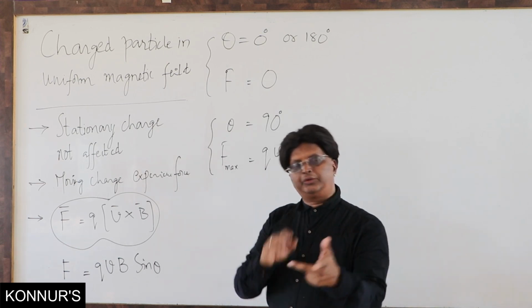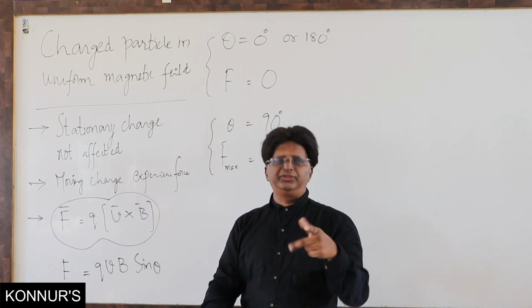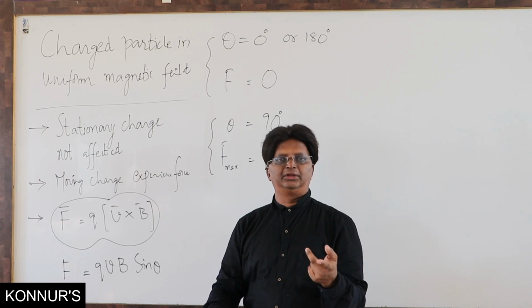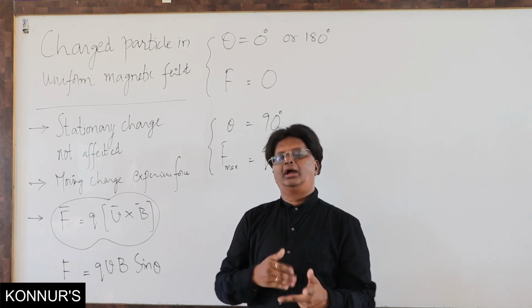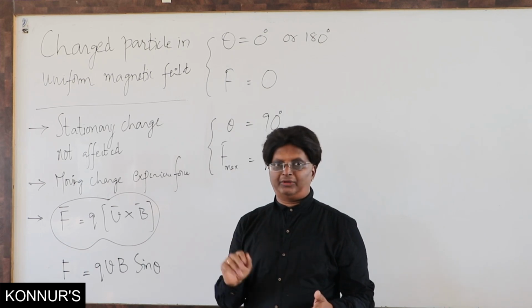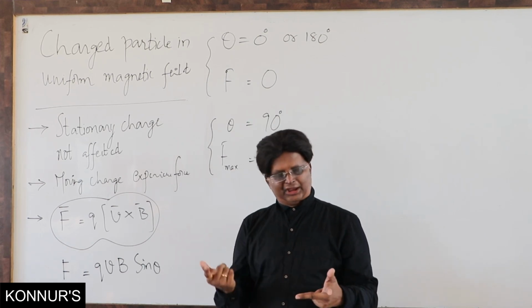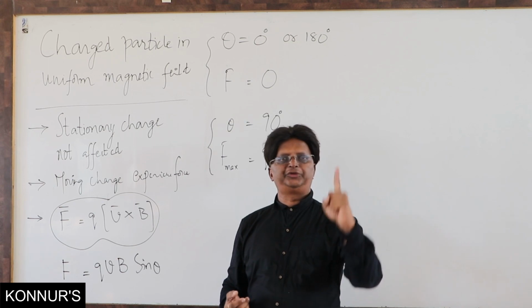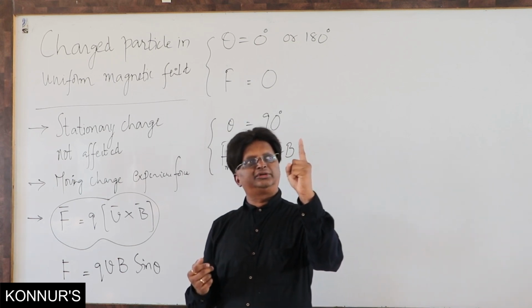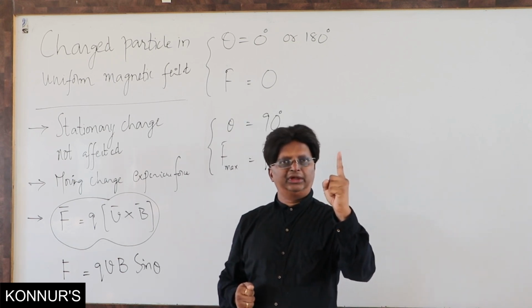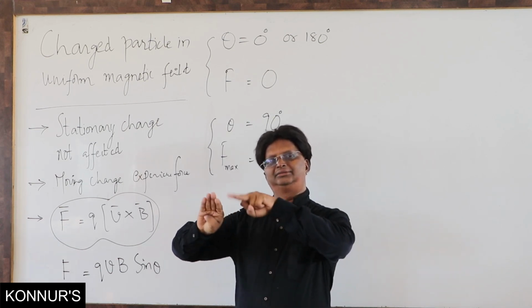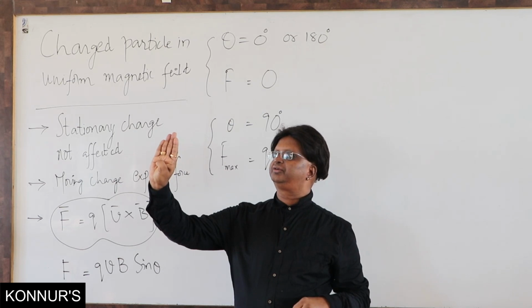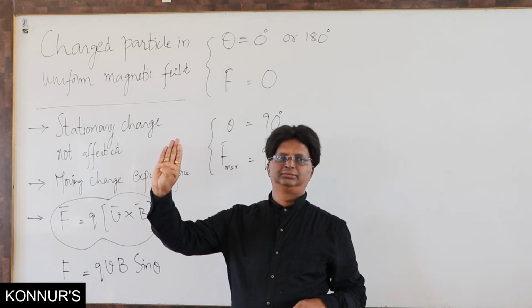Now, in fact, I give you an alternate method. Using this may sometimes be difficult, so to make it easier, with the same convention, I will give it as a right hand. Don't call it Fleming's right hand rule, but it is a convention I am showing you. What is that? Here it was the magnetic induction. Now here, all four fingers of the right hand I will show as magnetic field, magnetic induction.